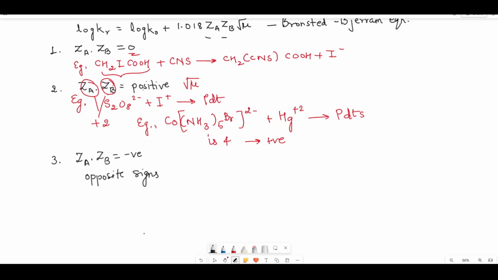For such reactions, the rate constant would decrease with mu. Here, it would increase with mu.